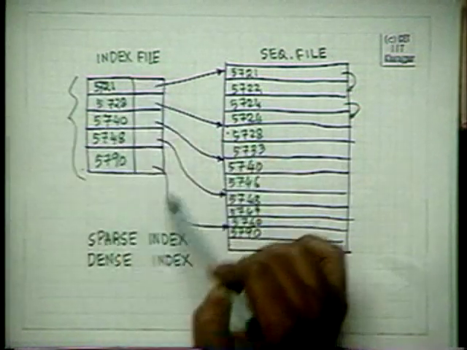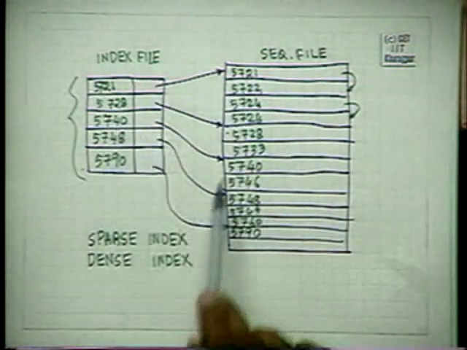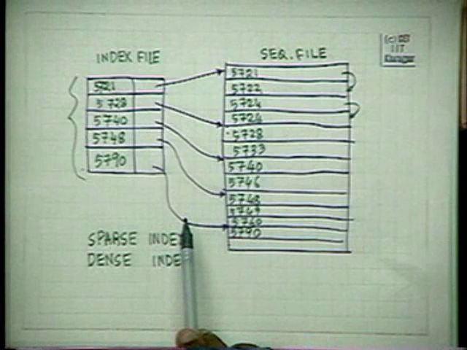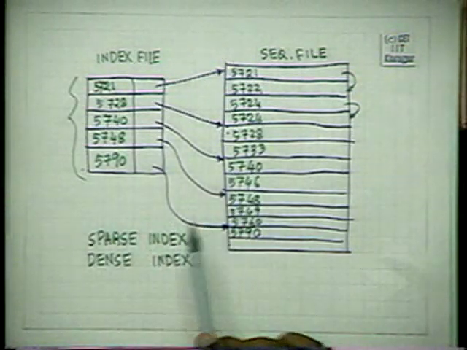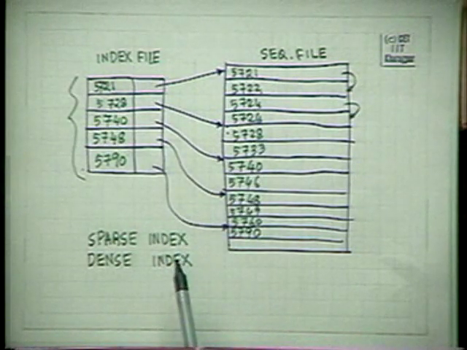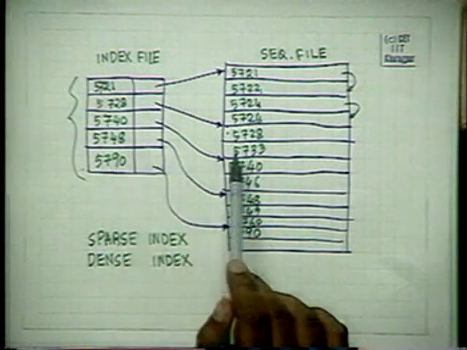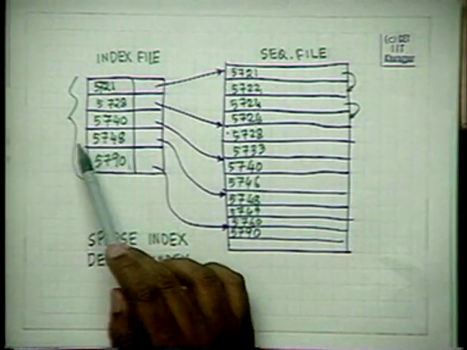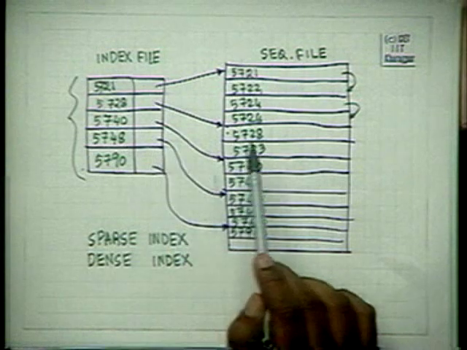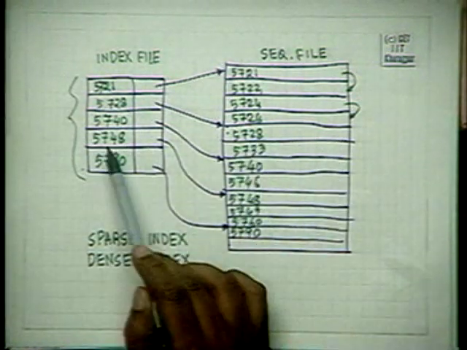So, this is a sequential file, this is a sequential file, and they point out like a dictionary to help you access the chapters as easily as possible. Deletion: if you delete this in a dense index, you will have to delete this. In a sparse index, if you delete this, this need not be deleted.